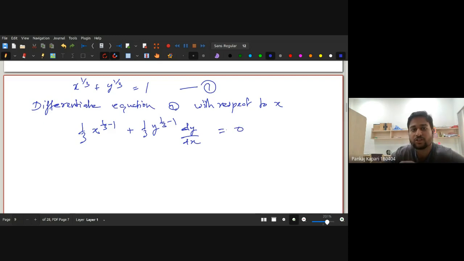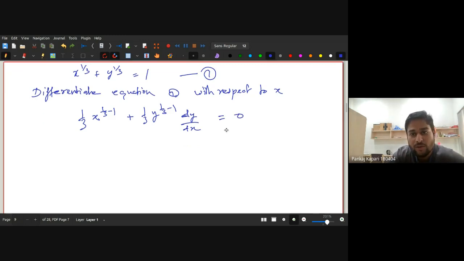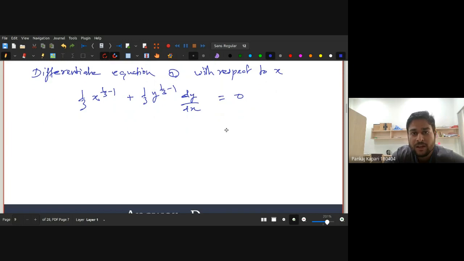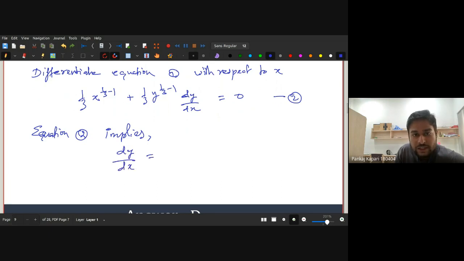On the right hand side you will have 0 because 1 is the constant function. The derivative of a constant function is always 0. Okay, so if you solve this equation, let's call it equation 2. Equation 2 implies that dy over dx is equal to, what you will do is just simplify equation 2 and you will get minus x to the power, okay, what is one third minus 1?